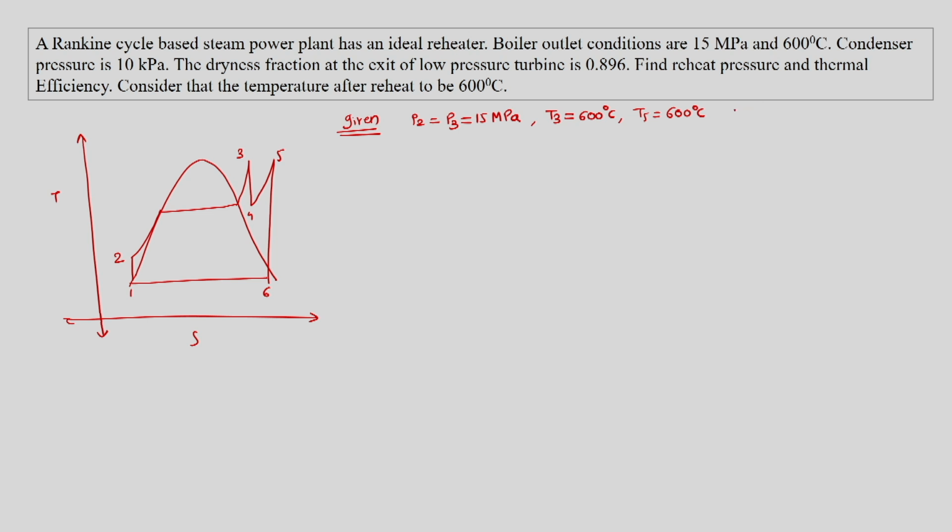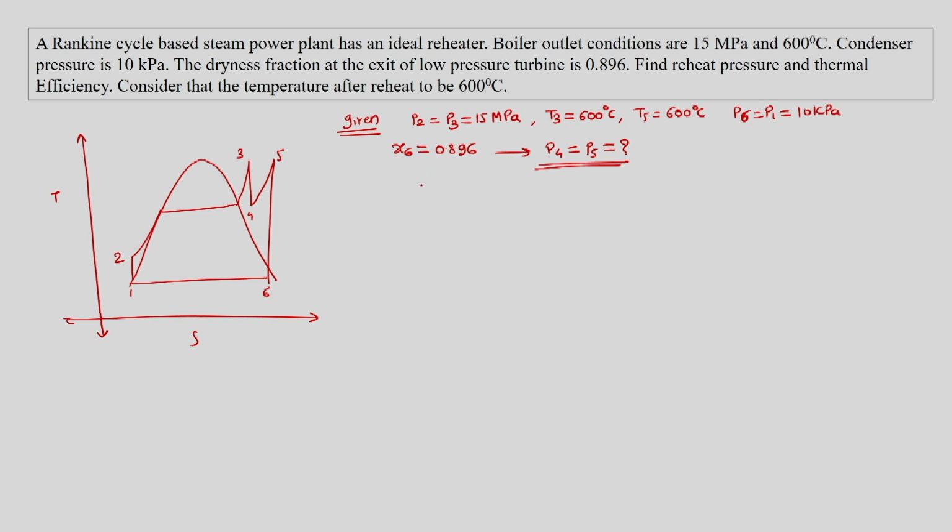We are told that P6 is equal to P1 is equal to 10 kPa, and we have X6 as 0.896. We are supposed to find out what is P4, what is P5. So this is the first thing which we have to find out.